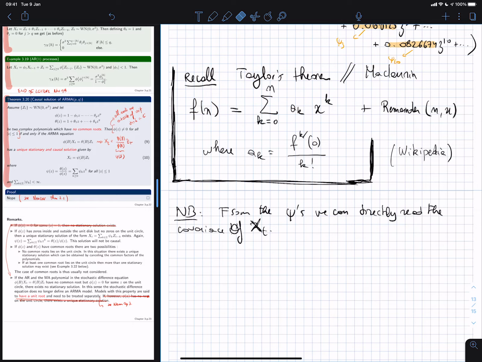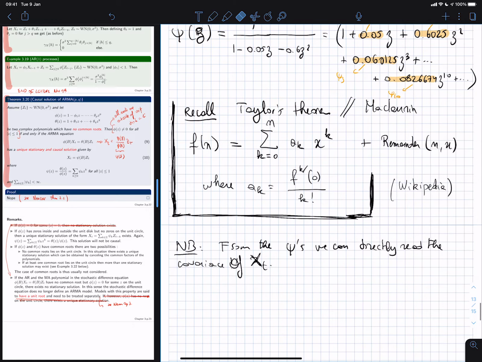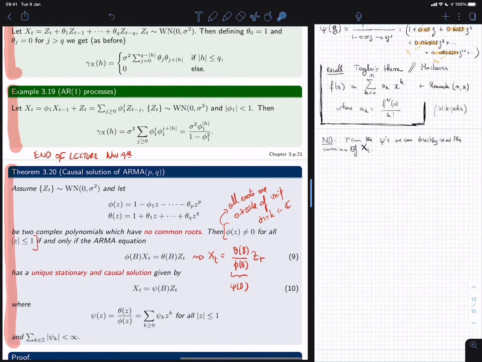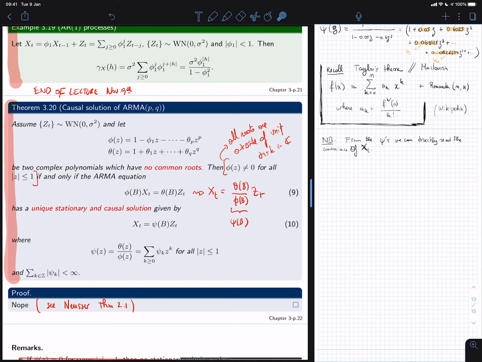Still there? Okay, yes. At least I felt the noise there. Okay, so this is quite powerful because, from this theorem, in principle, everything is solved. Now, I don't do the proof because it's too hard for some of you.